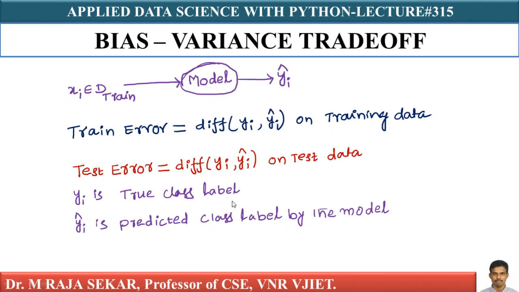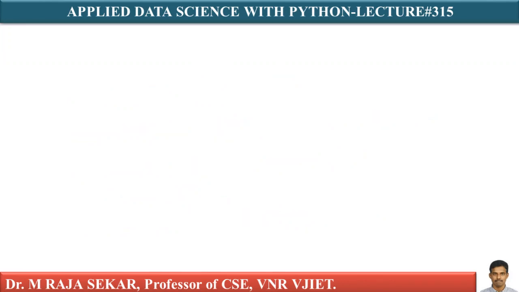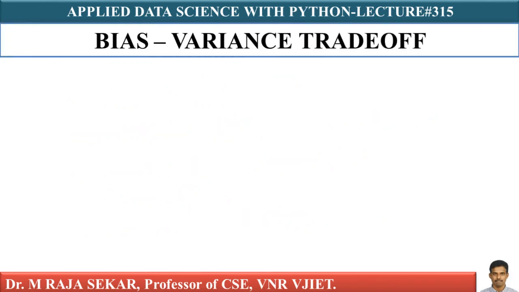Now we can understand high bias or underfit very easily using train error and test error. If train error is high, it means your bias of the model is high, because you made very simplifying assumptions.